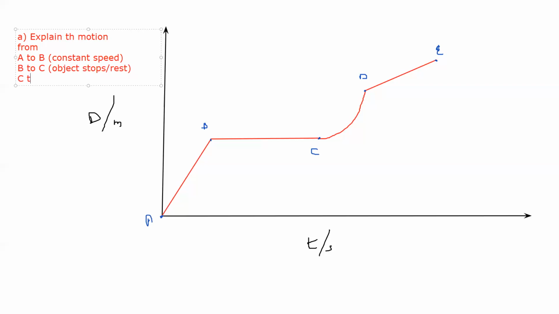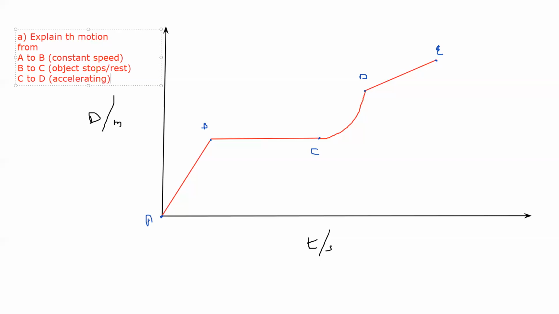What is happening from C to D? Is it accelerating or decelerating? From C to D, the angle is increasing. So if the angle is increasing, we use the term accelerating.